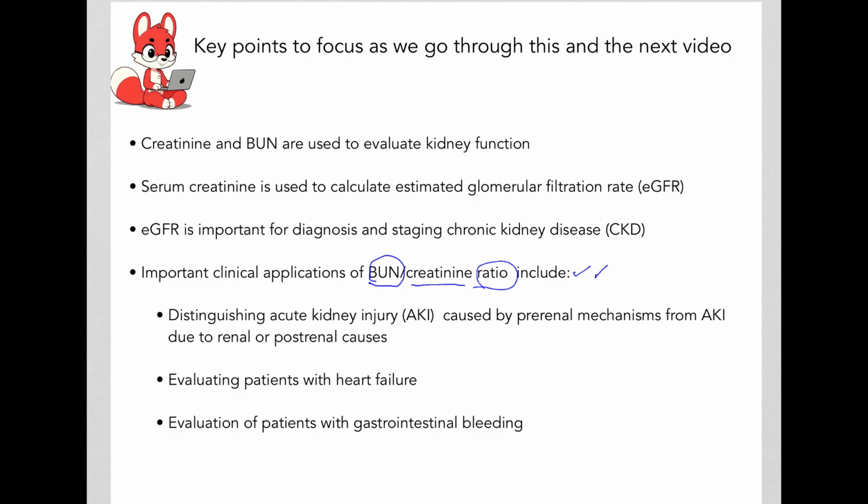One important application is to distinguish acute kidney injury, or AKI, that is caused by pre-renal mechanisms from acute kidney injury that is caused by either renal mechanisms or post-renal causes. And this is something we'll talk about in the next video.